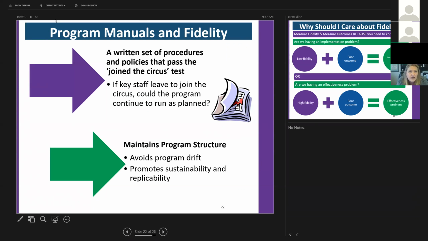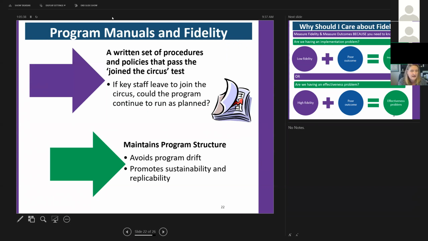So are there any other questions over those pieces that we've covered so far? Okay, so I don't see any questions, so I'm going to go ahead and keep us moving.